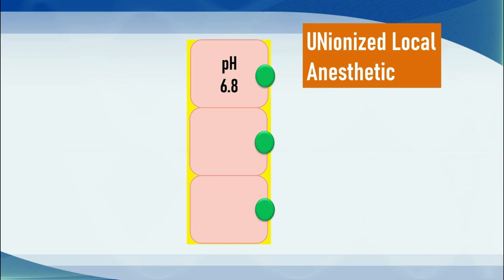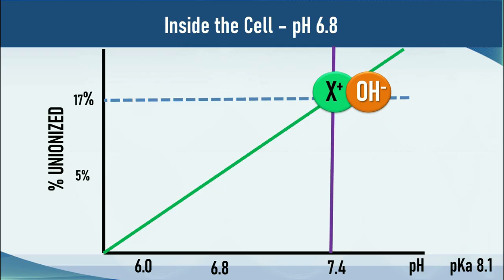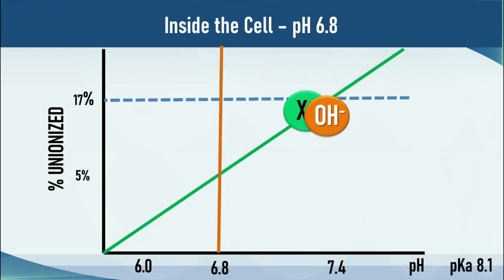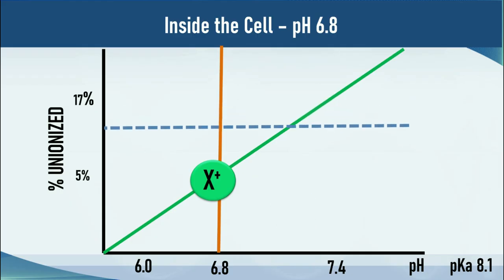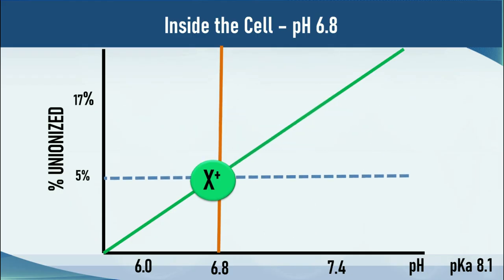However, that 17% of unionized local easily enters the neuron, and that is where things become even more interesting. Because inside the nerve cell, the pH is 6.8. Now that the drug is inside the cell with a lower pH, the local anesthetic rapidly dissociates into free base. And now it's approximately 95% ionized.